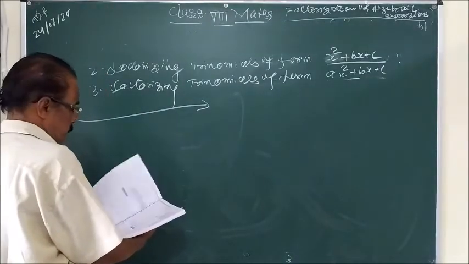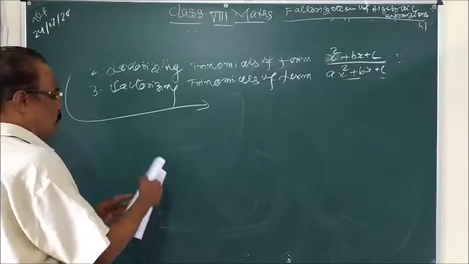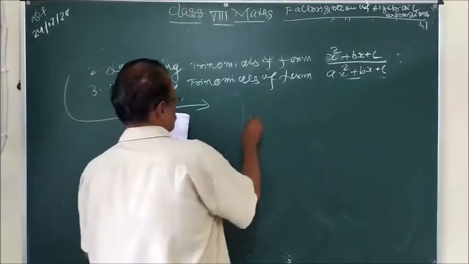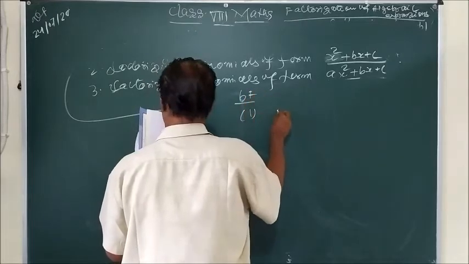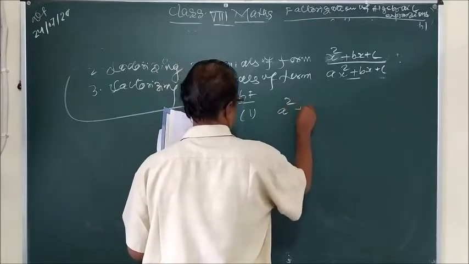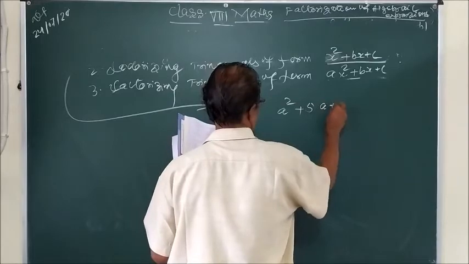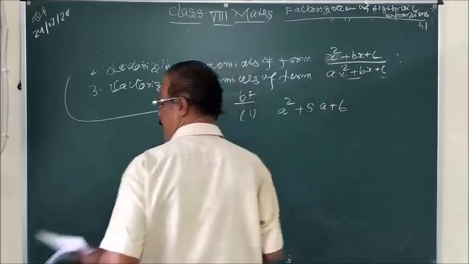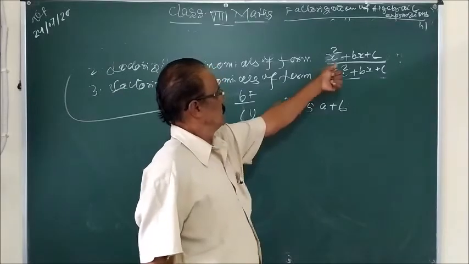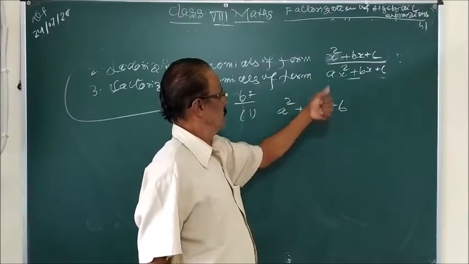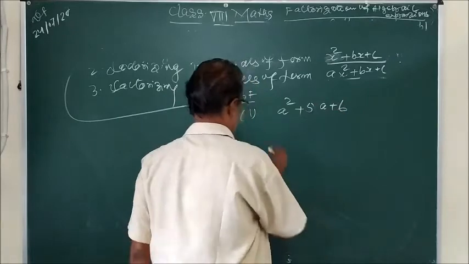Now you see in this form, how will you factorize? So 6a, if the questions are in this form. Now you see, first question, 6f: a squared plus 5a plus 6. Now if you compare, this is in this form: x squared, here a squared, here is bx, here is 5a, c, here is 6.